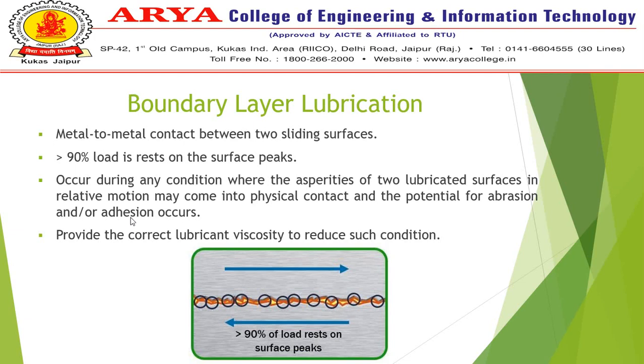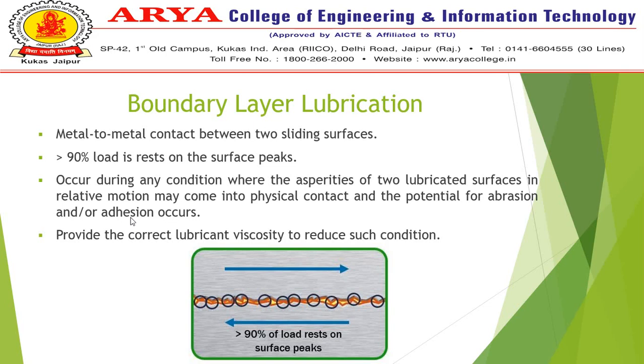Then it occurs during the condition where the asperities of two lubricated surfaces in relative motion may come into physical contact, and potential for abrasion and adhesion occurs. If two materials are sliding over each other, because of the roughness there is adhesion and abrasion.